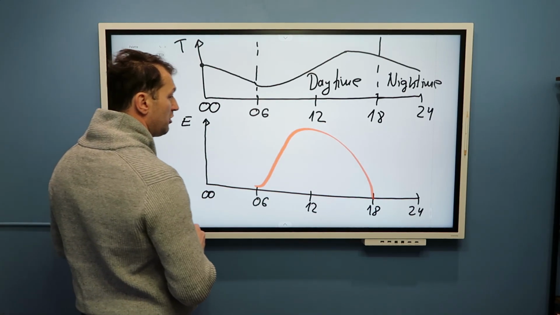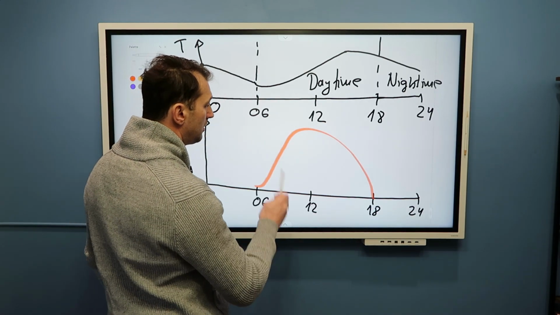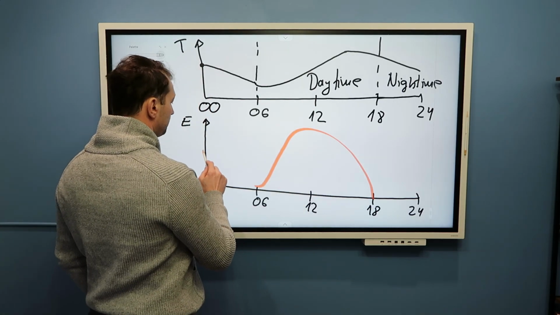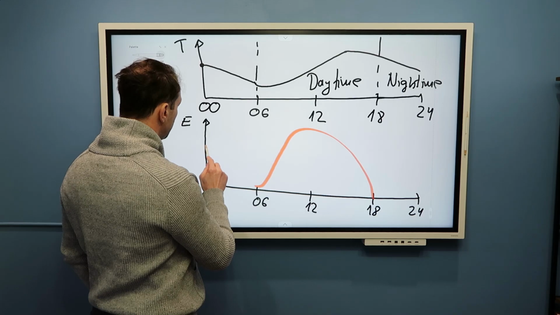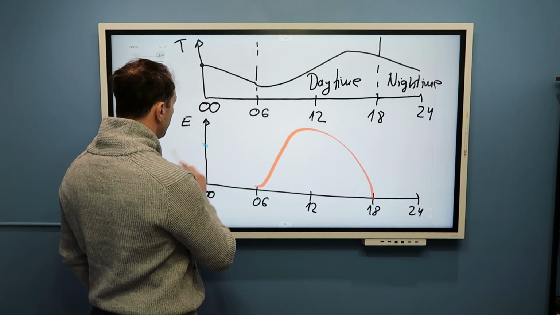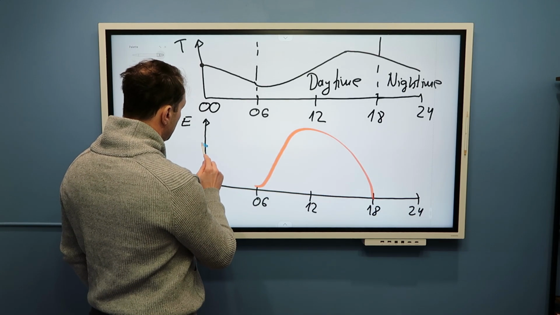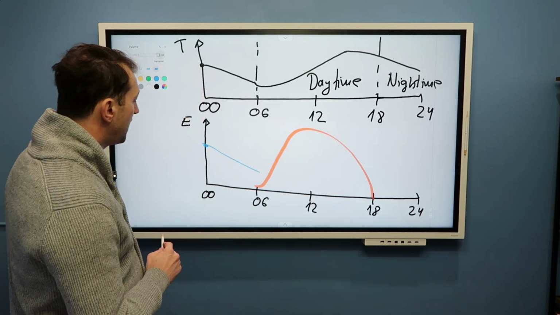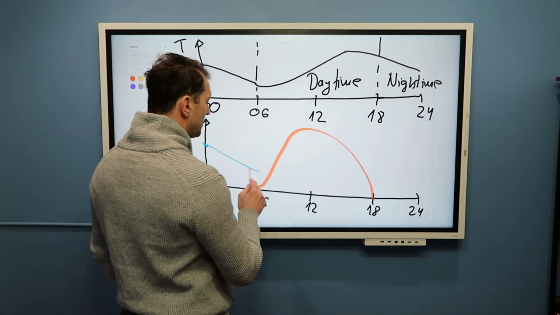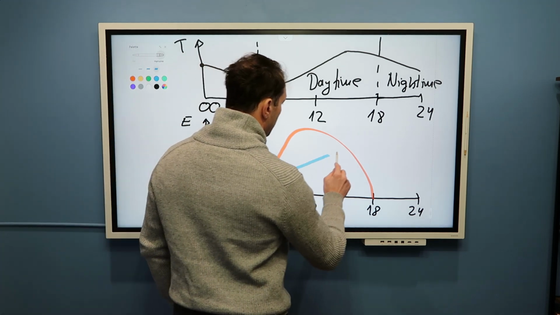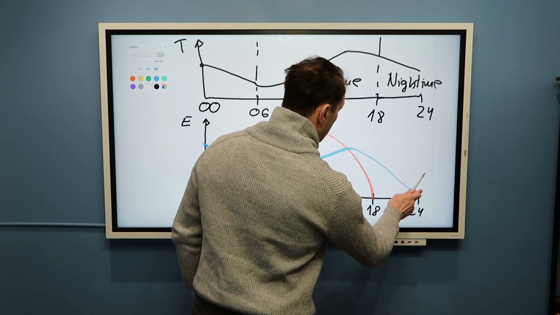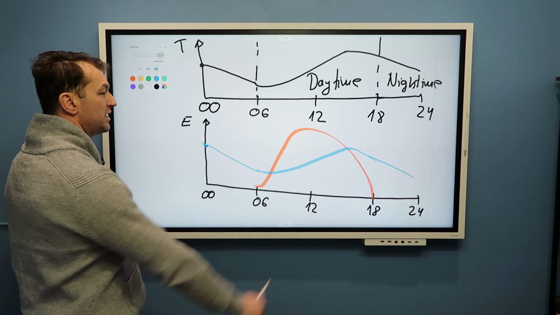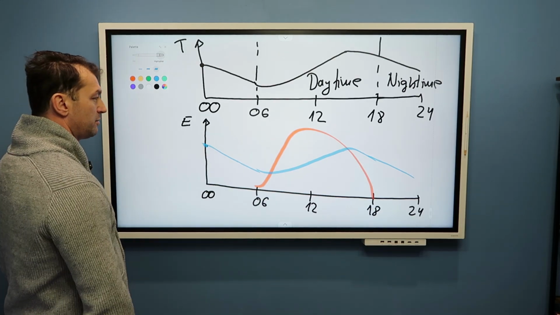But we also have long-wave radiation that the Earth radiates back into the space, and that flux might look something like this. If we start with some value at midnight, then the long-wave radiation flux will decrease with time until sunrise, and then it will increase until sunset, and then it will continue decreasing, perhaps matching the value from the previous day.